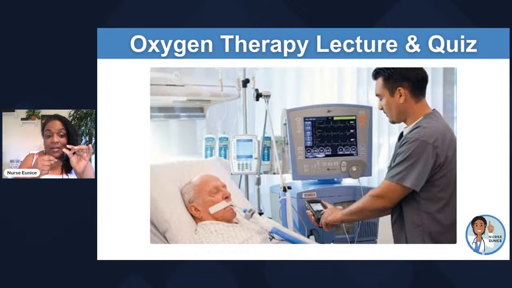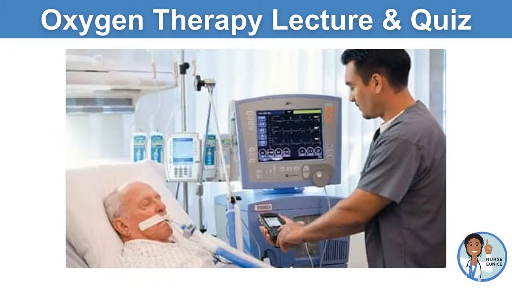You want to be checking the bulb to make sure that it's actually inflated, because if it is deflated, that means the endotracheal tube can become dislodged. That's something you want to be looking at every time you go in and check your patient. But on this particular image, the person has an endotracheal tube that's connected to a mechanical ventilator.